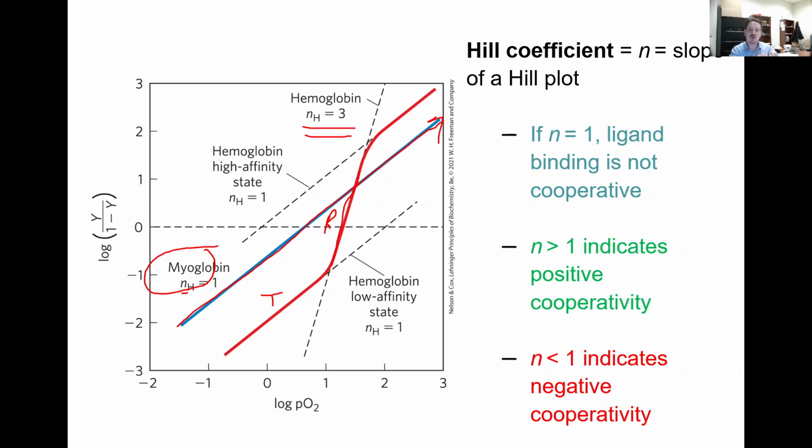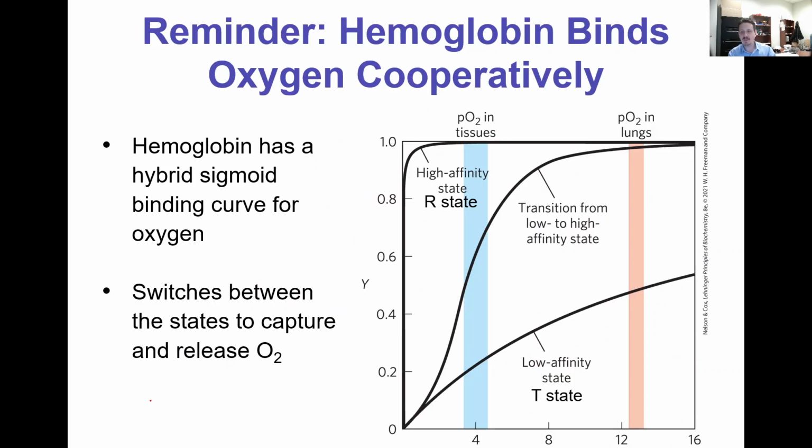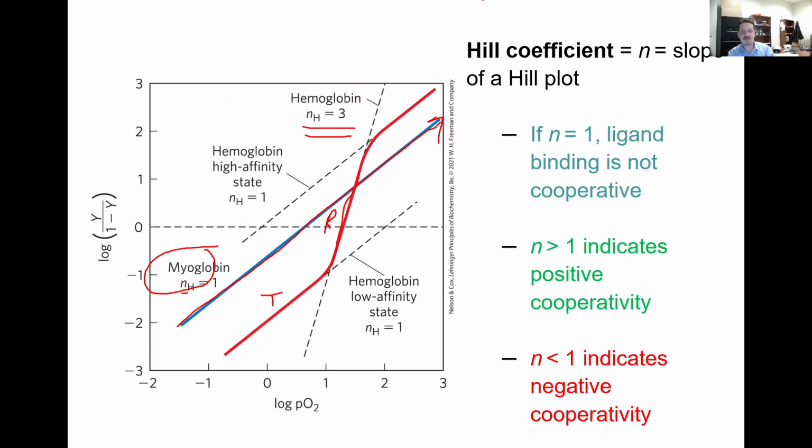So not as much is required to fill it up, so it has a higher affinity. And this is really just the same thing, like I'm saying. Remember, in the R state, that's where n equals 3, and in the T state, where n equals 1. So that's just, very briefly, what the Hill plot is, and that n is the Hill coefficient.